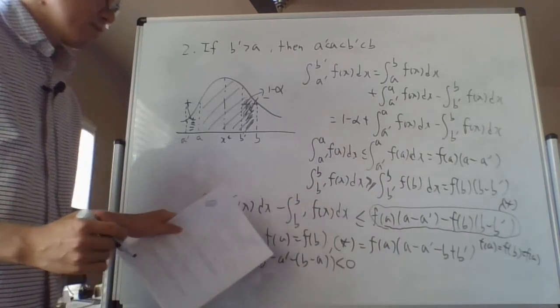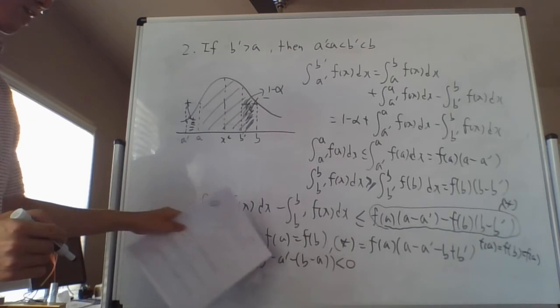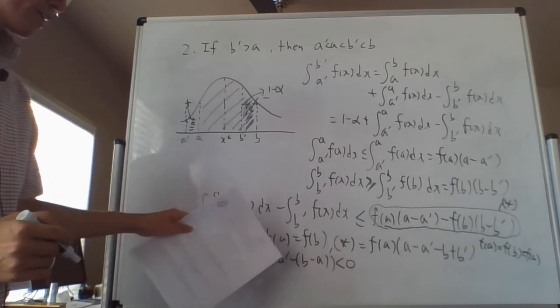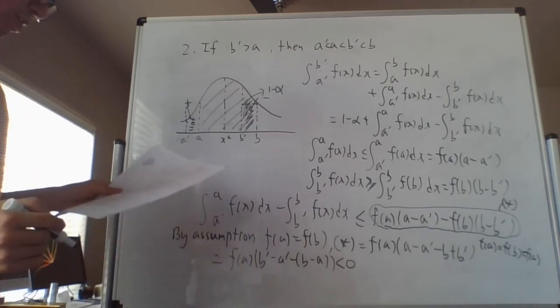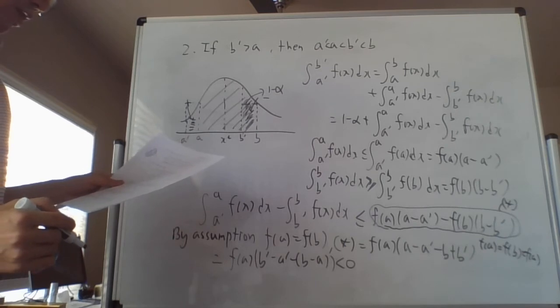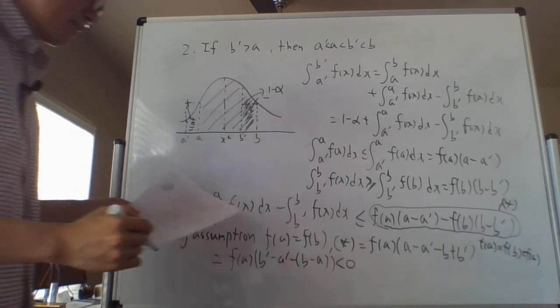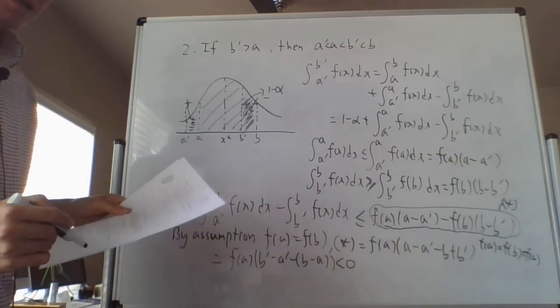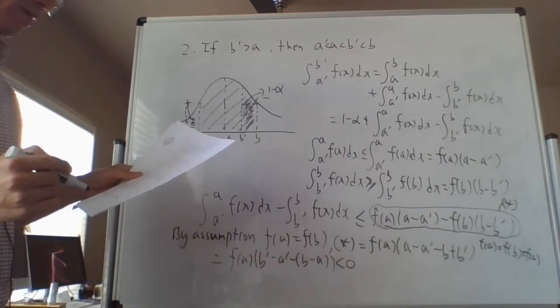So this is going to be f(a) times (b prime minus a prime minus (b minus a)), and this is less than 0 because a prime and b prime has shorter length than a and b.